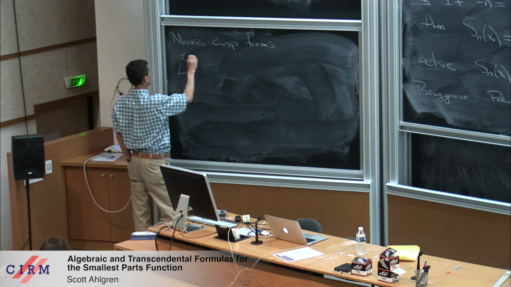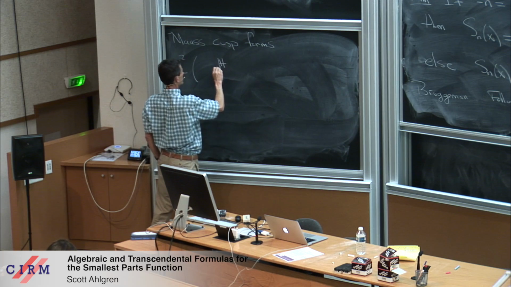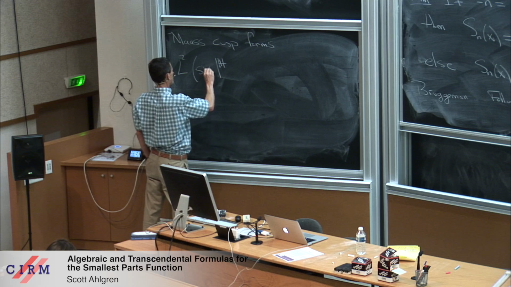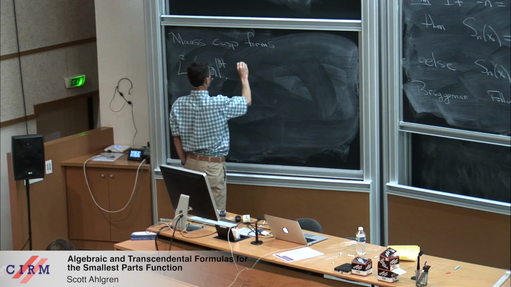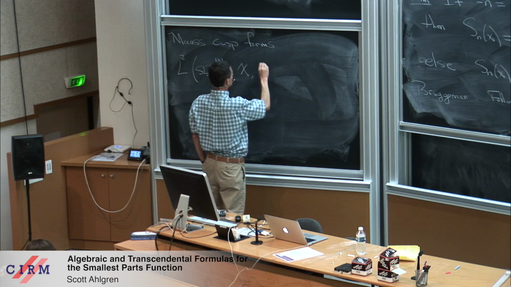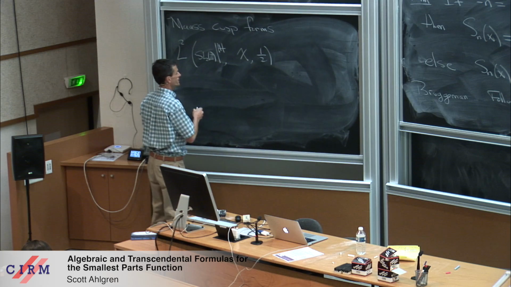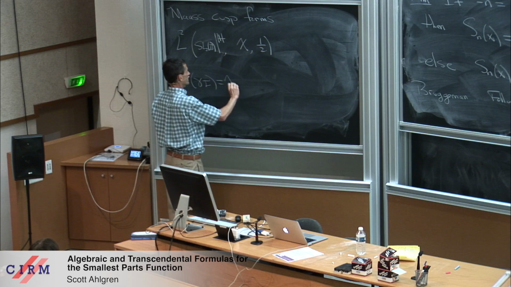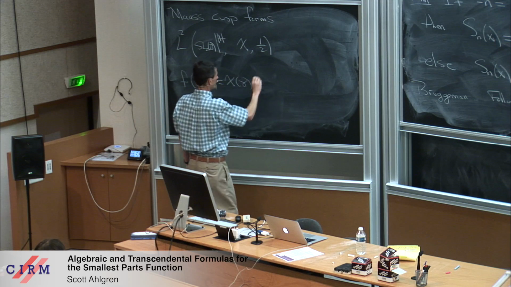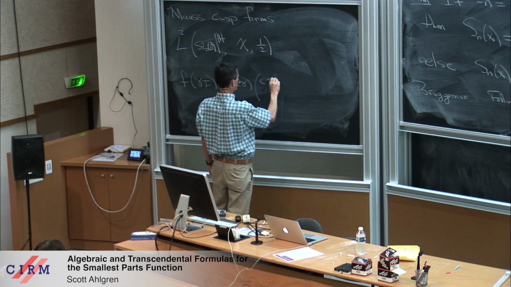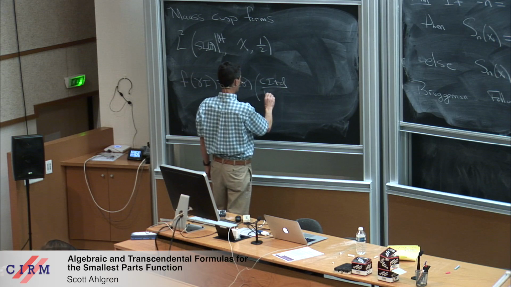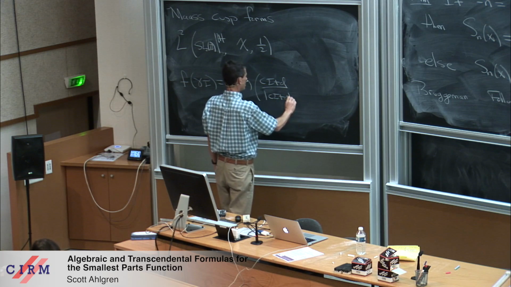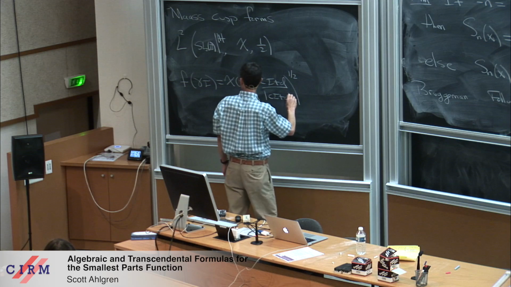The space is L2 of H mod SL2(Z), and there's a character, and the weight is 1/2. So the main thing is that f of gamma tau is chi of gamma times (c tau plus d) divided by the absolute value of c tau plus d, to the 1/2, times f of tau.